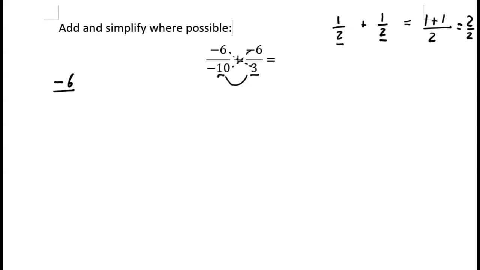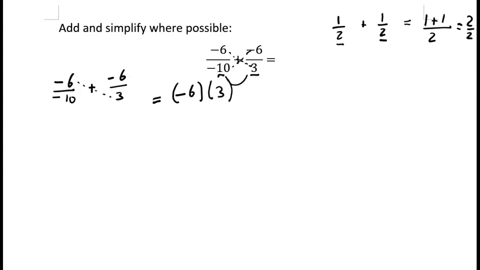We've got -6/-10, and we want to add this to -6/3. Now let's do the kiss, and the kiss means we multiply. So we multiply, we get -6 times 3.